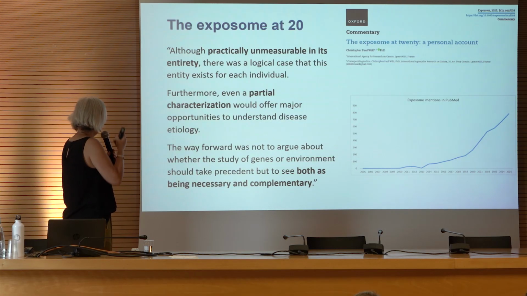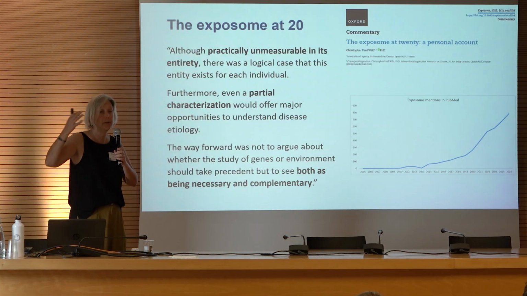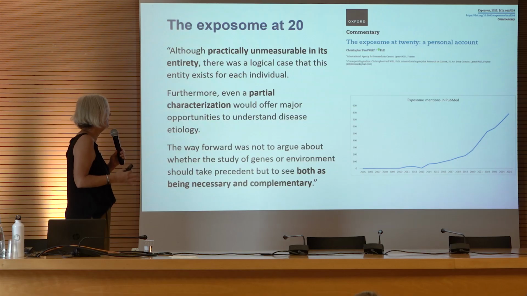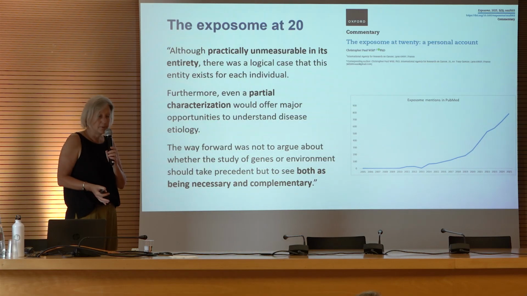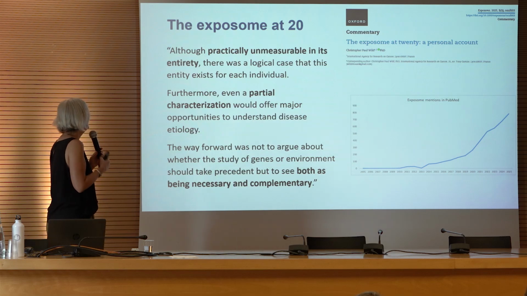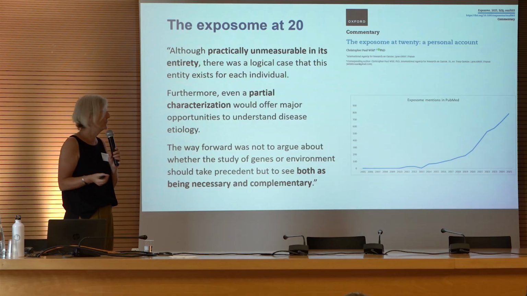And of course, the first question I think we all ask ourselves is, if you want to measure the totality of environmental exposures, you're never going to be able to do that. And we all recognize that it's not possible. Chris Wilde also stated in this paper that although practically unmeasurable in its entirety, there's still a logical case to be made that this entity exists for each individual.